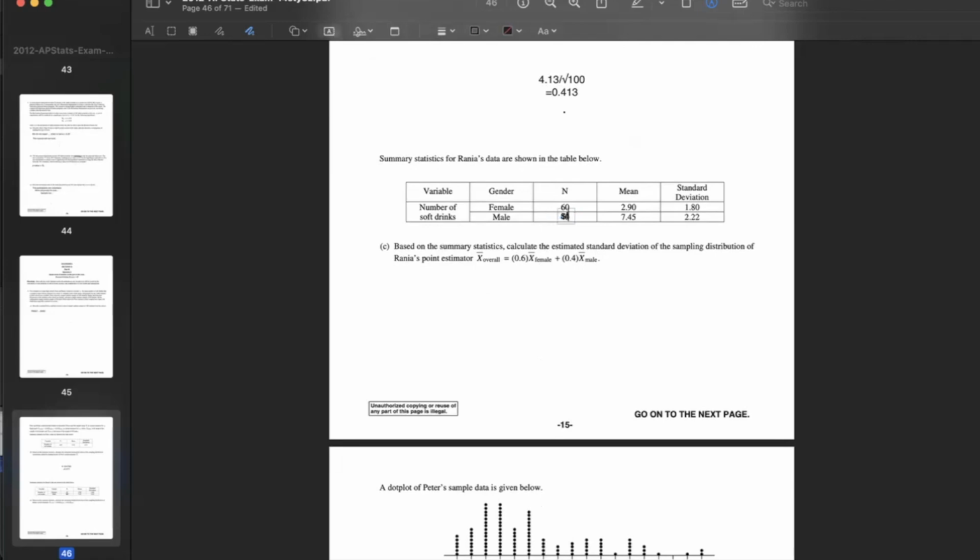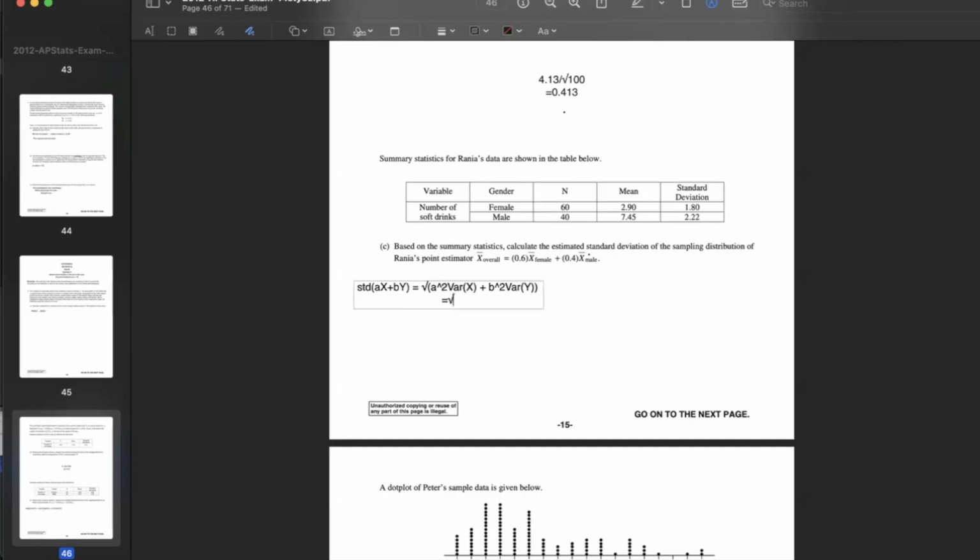I went over this a little bit fast in my stats video, but basically the standard deviation of aX plus bY, where a and b are constants and X and Y are random variables, equals the square root of, and this is assuming that X and Y are independent, which they are because the two samples are independent, a squared times the variance or squared standard deviation of X plus b squared times the variance of Y.